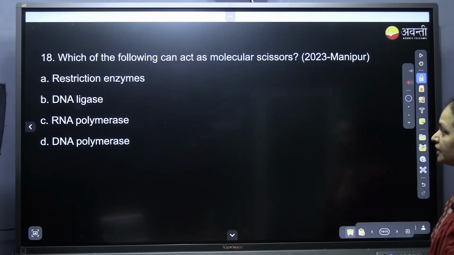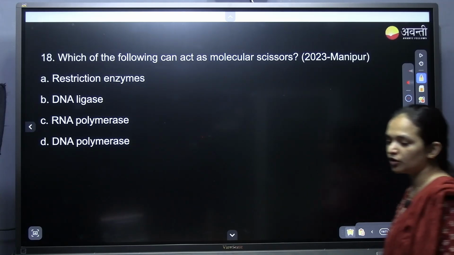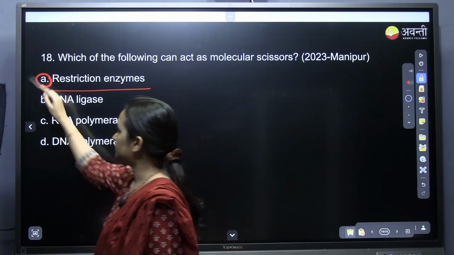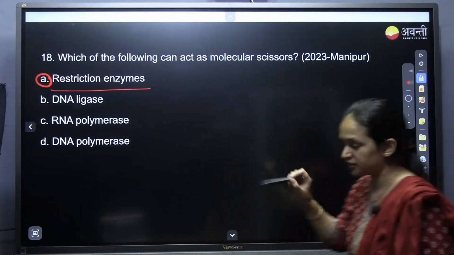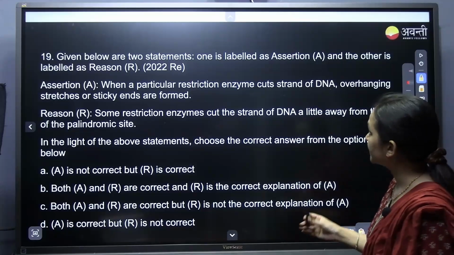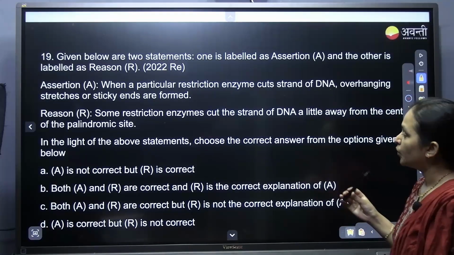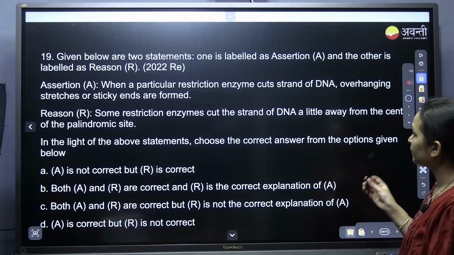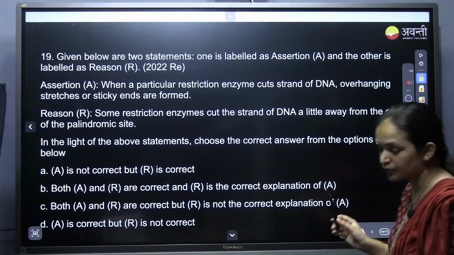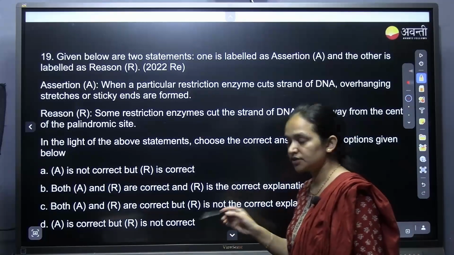Which of the following can act as molecular scissors? Which one do we call molecular scissors? Restriction enzymes, we call them molecular scissors. Easy. Given below are two statements, assertion and reason, okay. When a particular restriction enzyme cuts a strand of DNA, overhanging stretches or sticky ends are formed, isn't it?